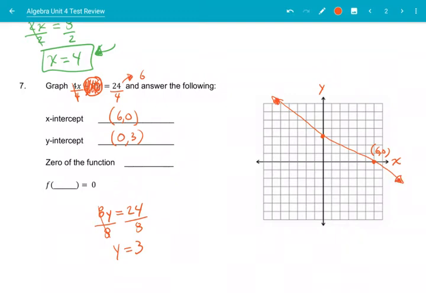There we go. So the 0 of the function is going to be the x-coordinate of the x-intercept. X equals 6. And where is the output 0? Where is the y 0? Well, here's 0. We'll go to it on the y. It's going to be 3.